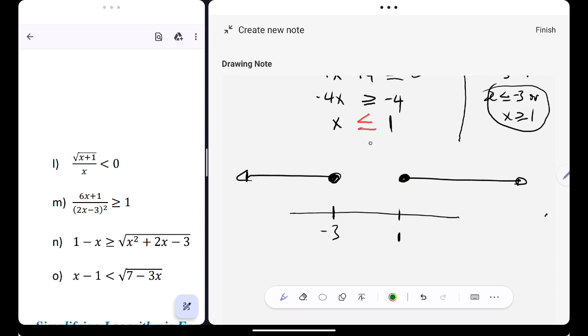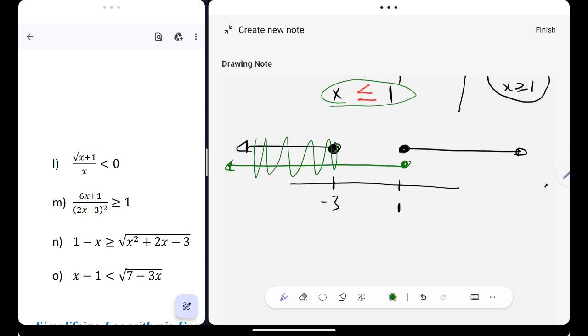However, the solution that I came up with says x is just less than or equal to 1. So where do I find the most number of overlaps? From here, moving to the left, when x is less or equal to negative 3, or just here at this point, when x is equal to 1. Yes, it happens that whenever you deal with inequalities, you find an answer like this. I hope you guys understand.